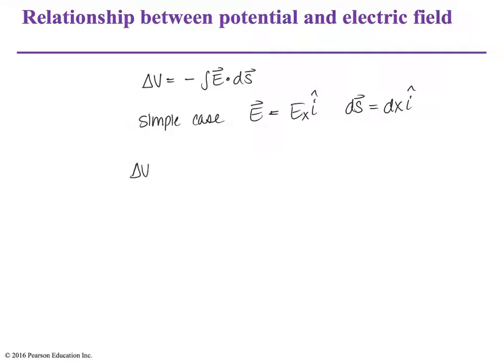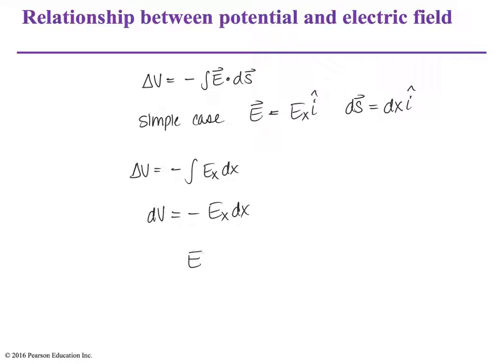And so delta V is equal to minus Ex dx. And if we take away the integral, this just makes dV equals minus Ex dx.